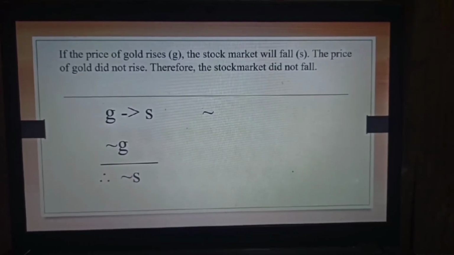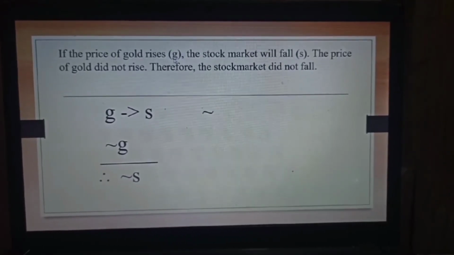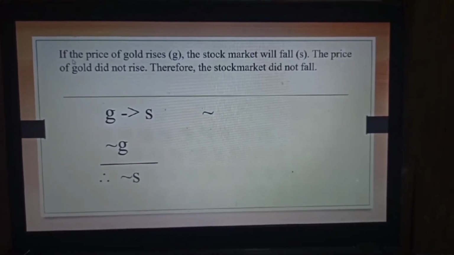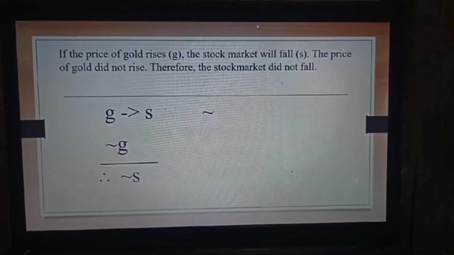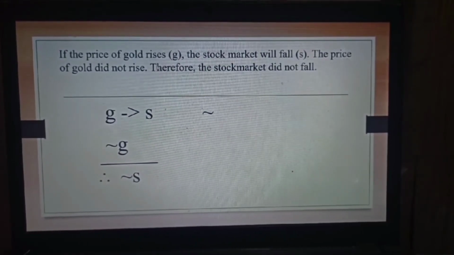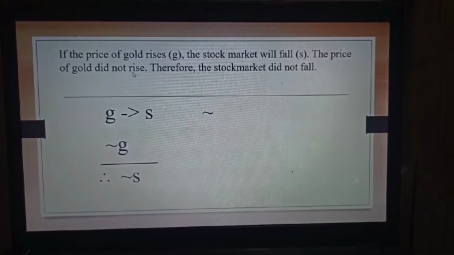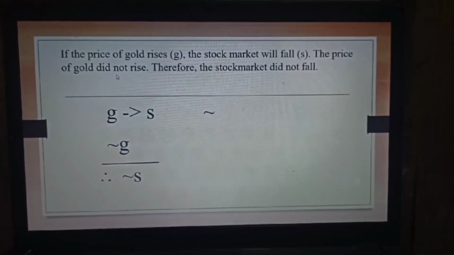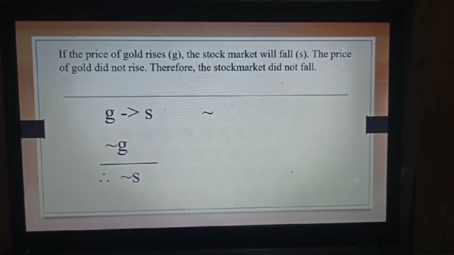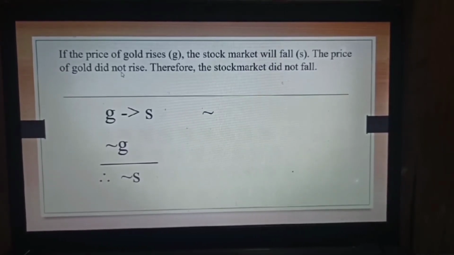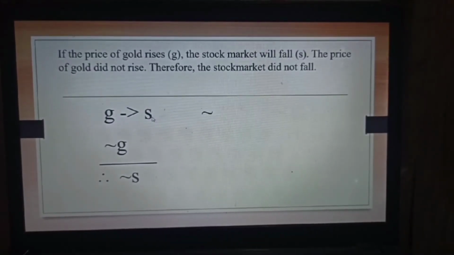So take note, ang G natin is if the price of gold rises. However, dito sa next sentence natin, the price of gold did not rise. Did not. If gumamit tayo ng word na not sa ating statement, it is considered to be a negation. So, anong letter yung sinisimbolize natin ng negation?